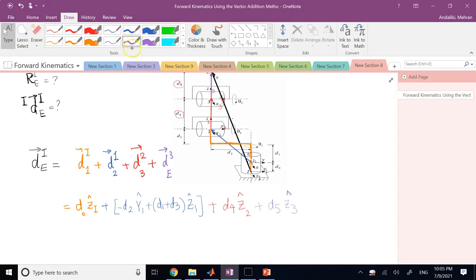Now, if I want to write this into a matrix format, I can write this as the vector 0, 0, d naught, and here the reference for me are xi, yi, and zi. Good.